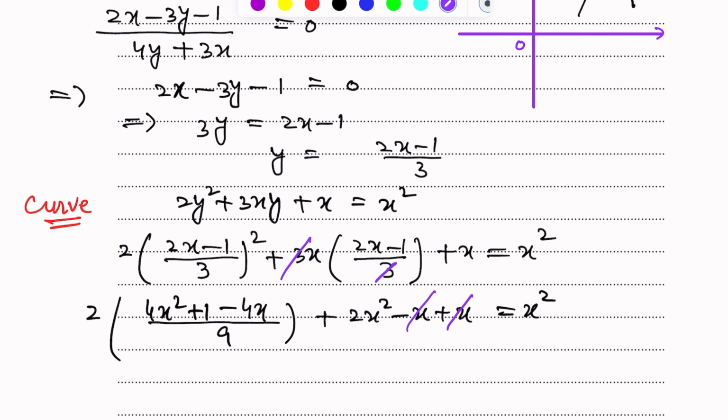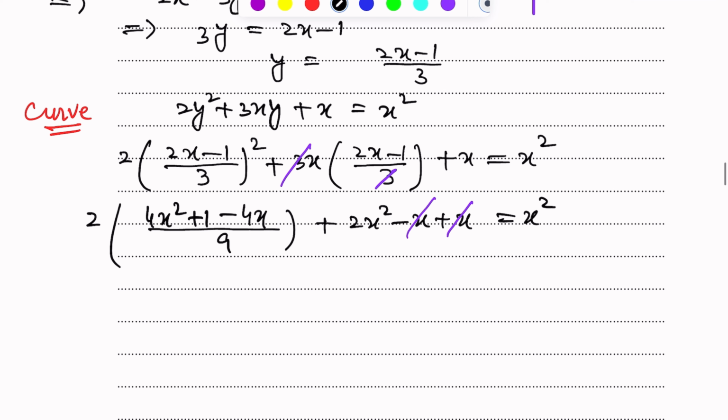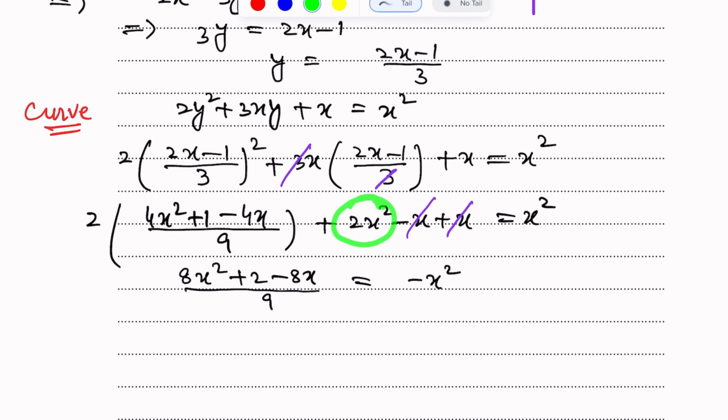Plus x and minus x will cancel out, so we get 8x square plus 2 minus 8x over 9 is equal to minus x square. The 2x square moves to the right side and becomes minus 2x square; x square minus 2x square is minus x square.